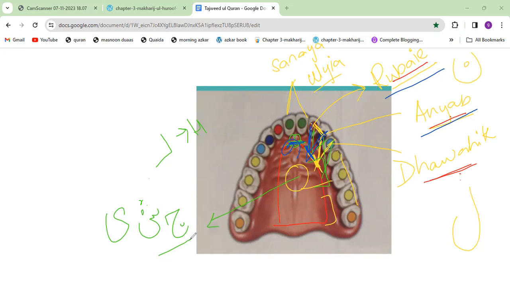Do you remember the raw is going to be pronounced heavier whenever it has the harakas that always come above? These are fatha and the dhamma, or in other names, zabar and pesh. With these two harakas, the raw is always going to be pronounced heavier. Other than that, if we have the sign that is always present below the letter, that is kasra or zair, in that situation we are going to pronounce the raw with the lighter sound.